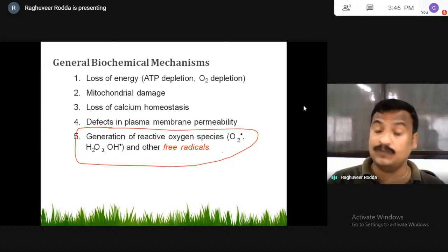So we should be very careful about the reactive oxygen species and free radicals which are formed in the various biochemical reactions.